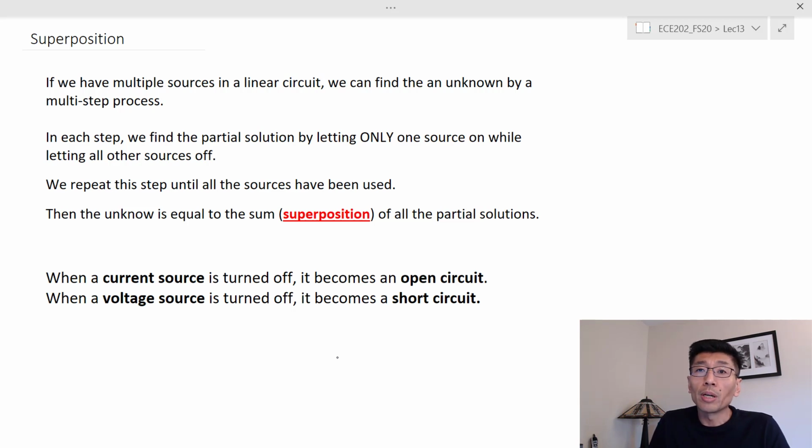So we're replacing that voltage source by a short circuit, and we're replacing the current source by an open circuit when we turn them off. Okay, when we turn them off, that means we don't want them, and it's different from removing them, because removing them means you leave them open. So I hope this will clear the concept. It's very critical you know this, because otherwise you may start with the wrong circuit. Of course, you're going to get the wrong answer, right?